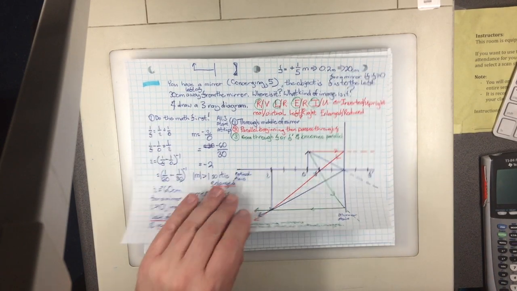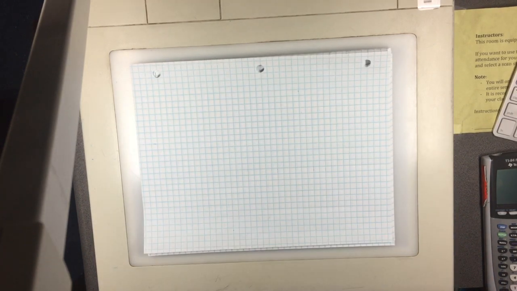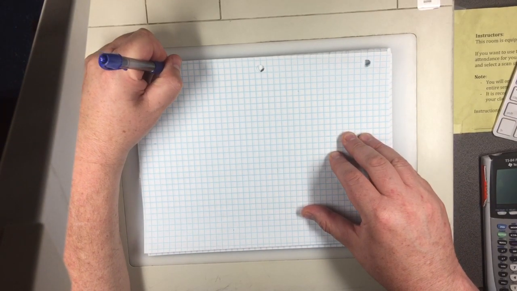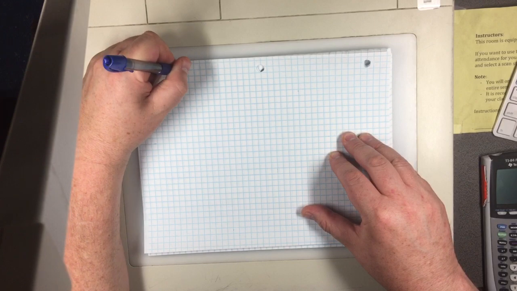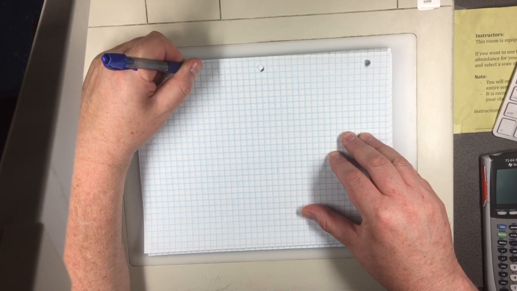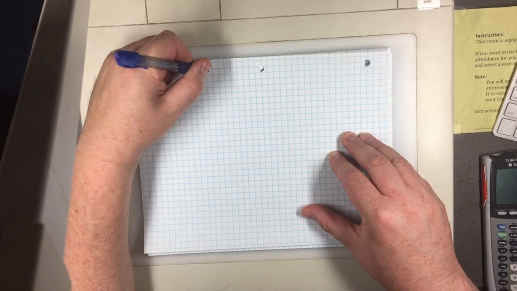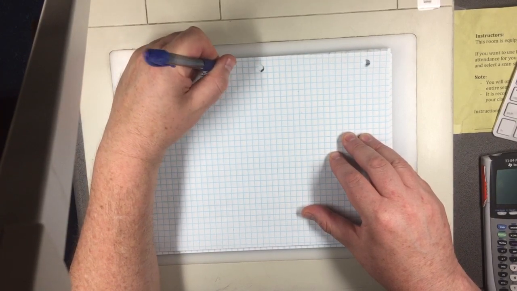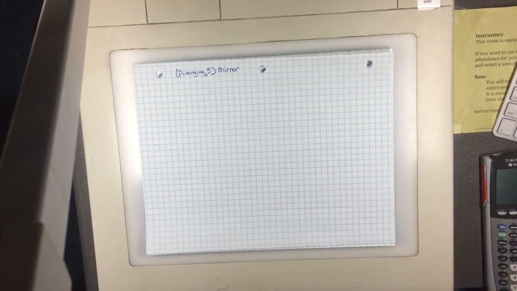The next one that we're going to do is I want a diverging 5 mirror. Now notice there is no positive or negative sign, and this is one of the things that I talked with the optometrist about.